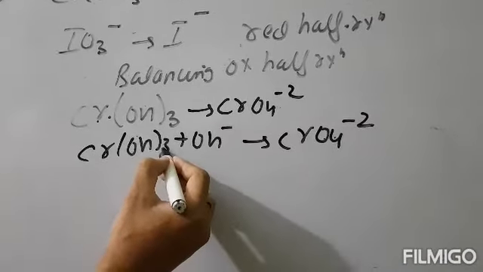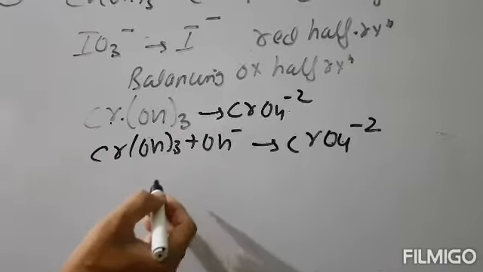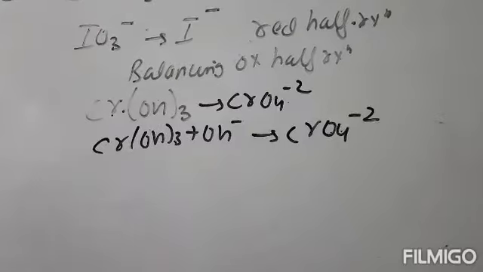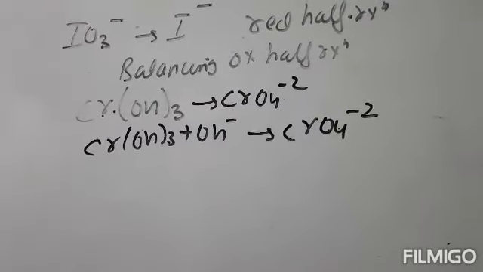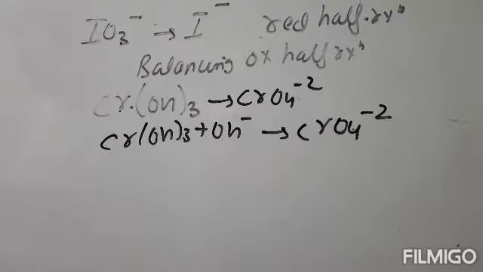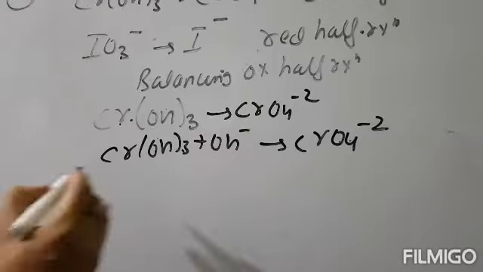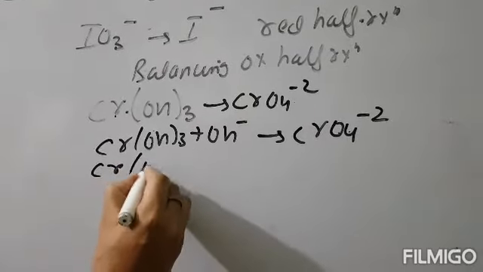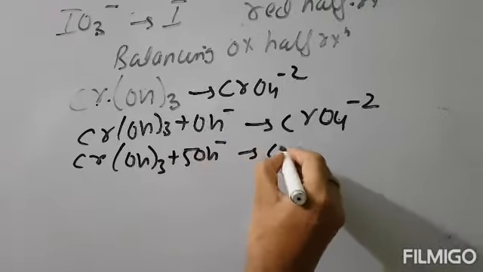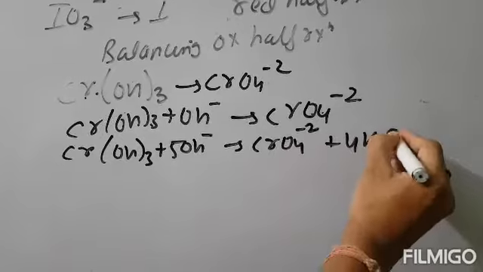Now how to balance in the basic medium? By adding the OH- on the side deficient of the oxygen atoms. Now hydrogen atoms are balanced by adding water molecules to the side deficient of hydrogen atoms and the same number of OH- to the opposite side. So here Cr(OH)3 plus 5 OH- will give CrO4 2- plus 4H2O.